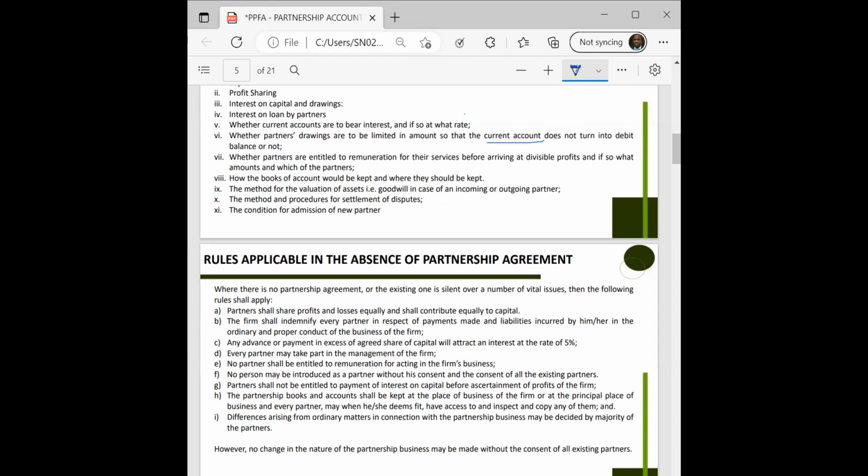If we want to bring a new partner into the business, let's say Caroline, for example, how do we admit Caroline into the business? Must it be a unanimous decision? Must it be that the majority carries the vote? Or must it be a minimum of maybe 70%? It depends on whatever condition that you have put in.